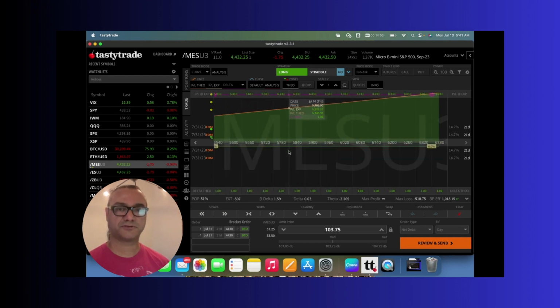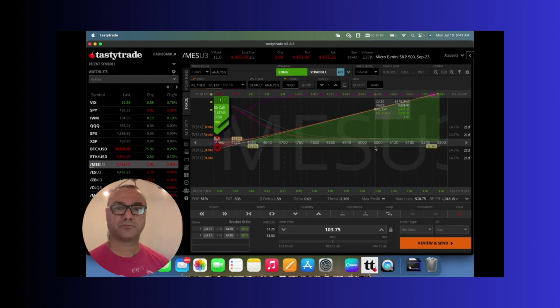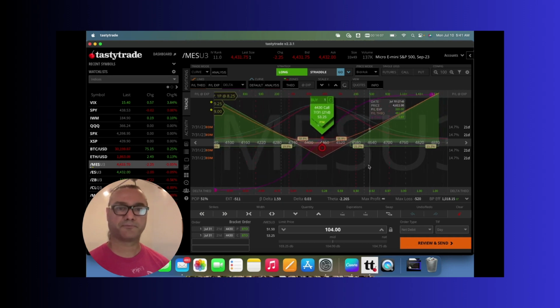Let me shrink this down, bring it over. Okay, so this is a straddle at the money. I bought an at the money put and I bought an at the money call, and notice that this is a straight up bet on volatility.